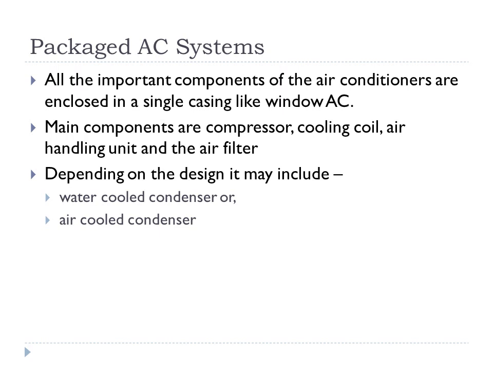Let me tell you that a packaged AC system contains all the important components of the air conditioners. They are enclosed in a single casing like a window AC, but their capacities are comparatively larger. So main components again are compressor, cooling coil, air handling unit and the air filter.